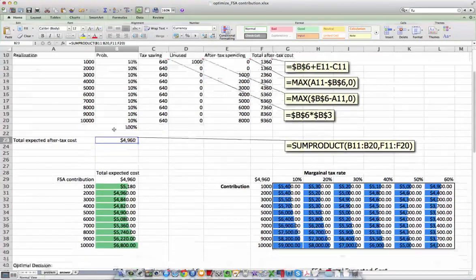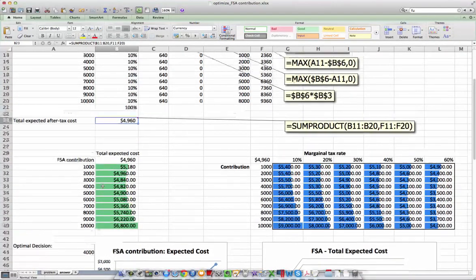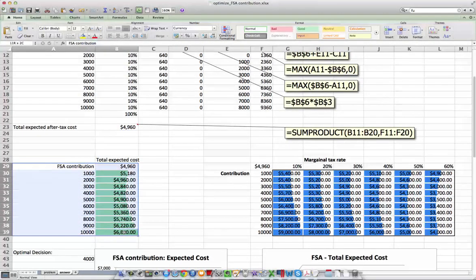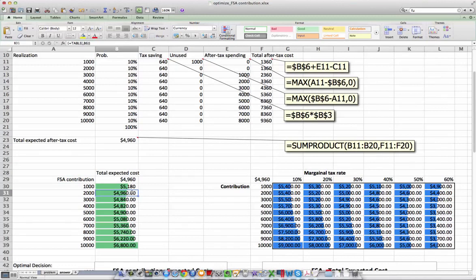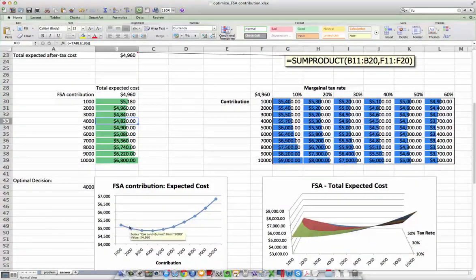We could set up a data table, and here are the 10 scenarios, and we use a one-way data table. We will be able to calculate the total expected cost for each of the contributions, and it turns out that contributing $4,000 gives us the lowest total expected cost, as you can see from this curve here.